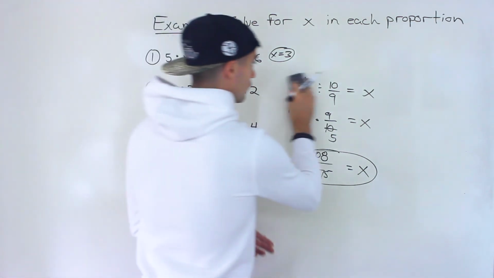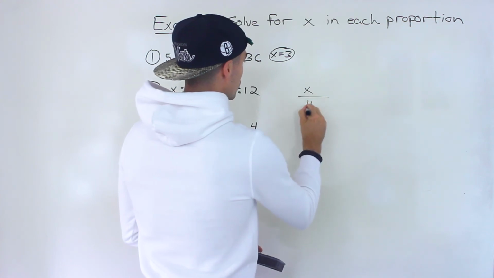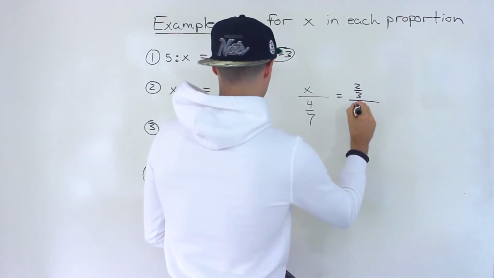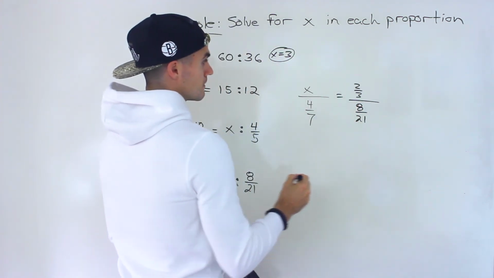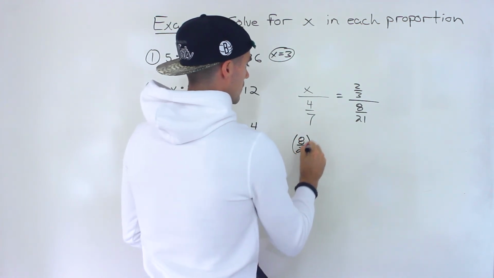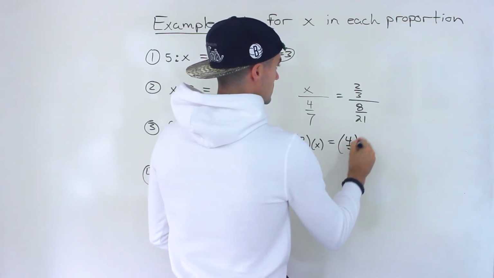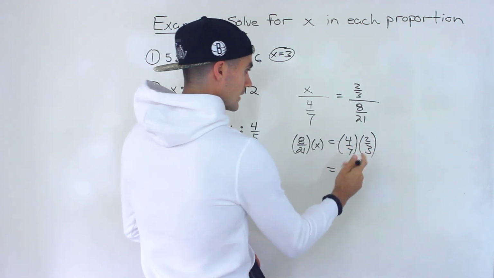And then finally, number 4, we'd end up having x over 4 over 7 equals 2 over 3 over 8 over 21, like that. So from here we could cross multiply, 4 over 7 times 2 over 3. And then let's combine these into one fraction.